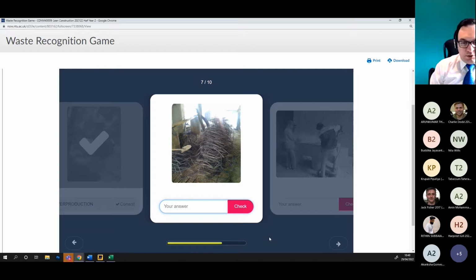Inventory, overproduction, repeat. Other students, please contribute. Don't worry, it's not graded. Just say something. Inventory, Badika. Okay, repeat. Why overproduction?